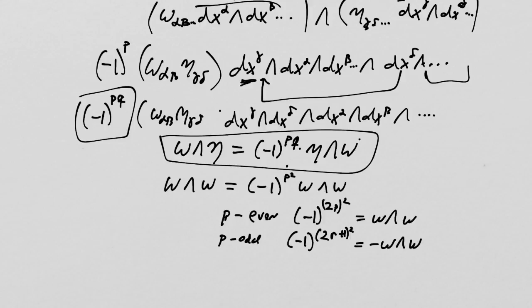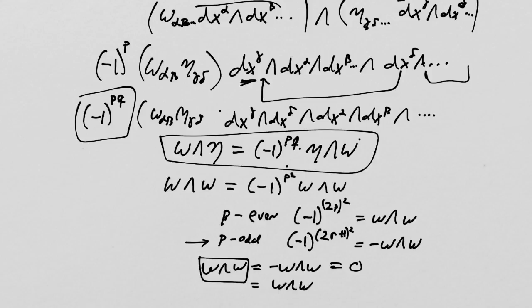So in the second case, in the p odd case, we have omega wedge omega equals minus omega wedge omega. But in the even case, we don't have that. We just have omega wedge omega equals omega wedge omega. So the point of all this is that the wedge product of a p-form with itself is equal to 0 only when p is odd.